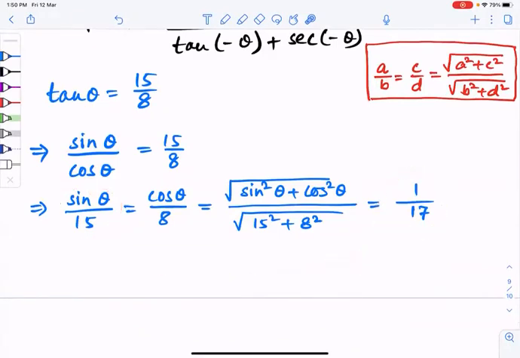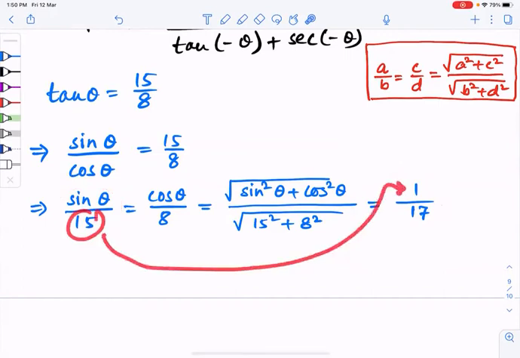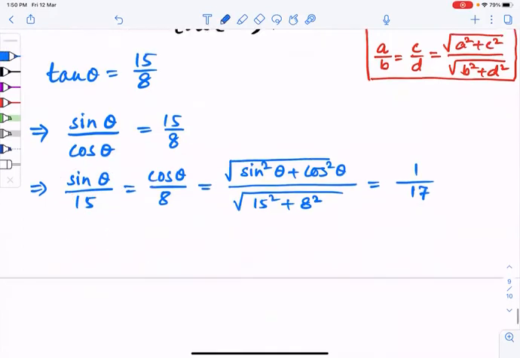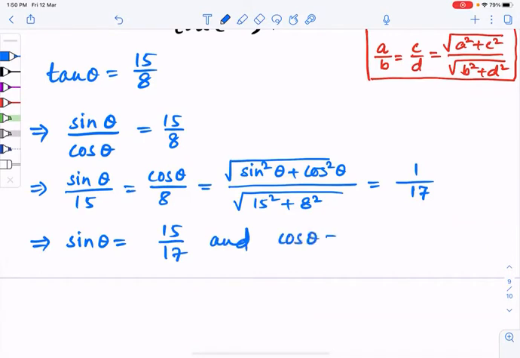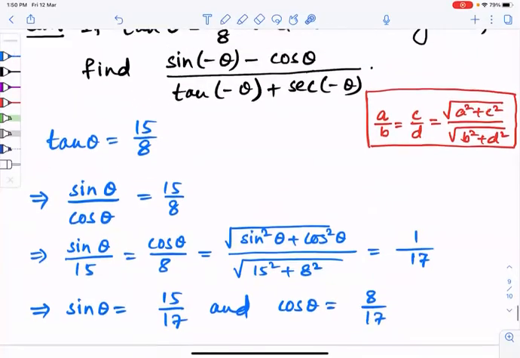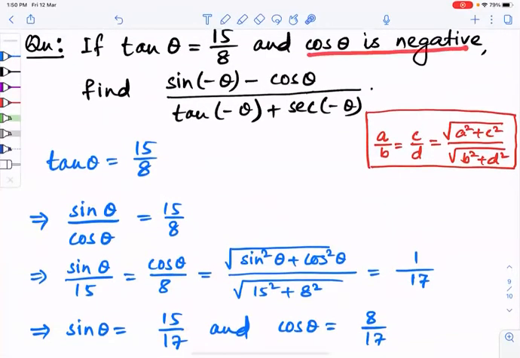I can bring this 15 over that, and I can say this implies sine theta equal to 15 by 17 and cos theta is equal to 8 by 17. Now it is told in the question that cos theta is negative.